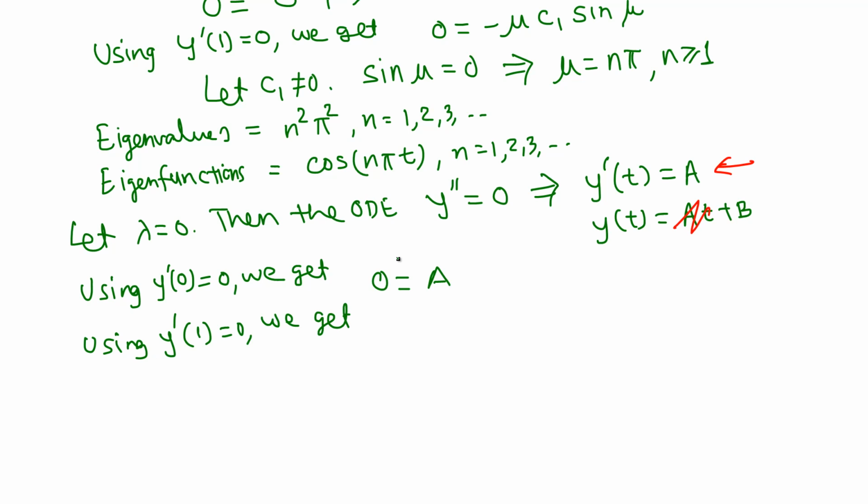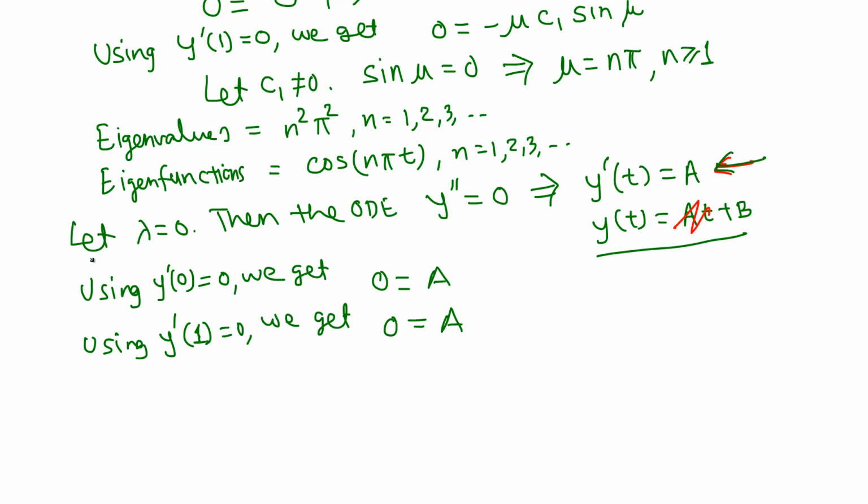So y prime means we need to use this again. So y prime is 0 when t is 1, and there is no t, so a equals 0. So in both cases we got a equals 0. That means, look at the solution here: y is b, an arbitrary constant, then we can take y equals just 1.